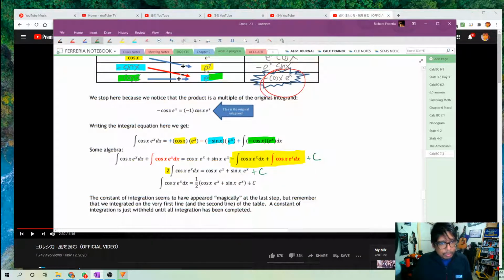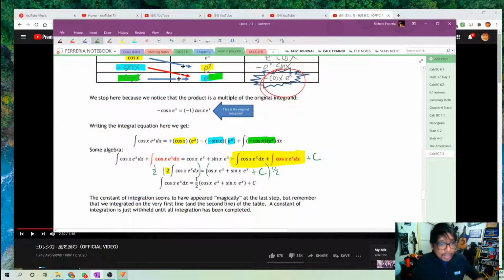So we're going to put the plus c here, do a little bit of factoring, or I guess we didn't factor here, but we're going to divide by 2. So we're going to take this side and multiply by 1/2, and take this side and multiply by 1/2 also.